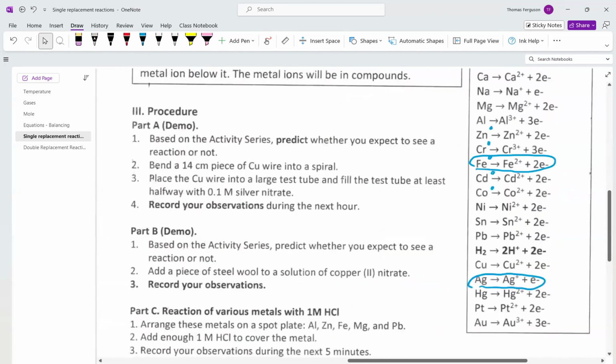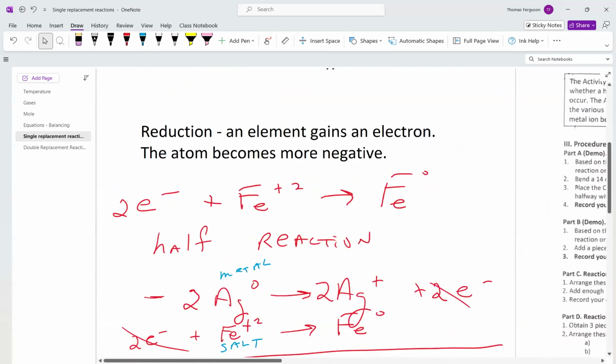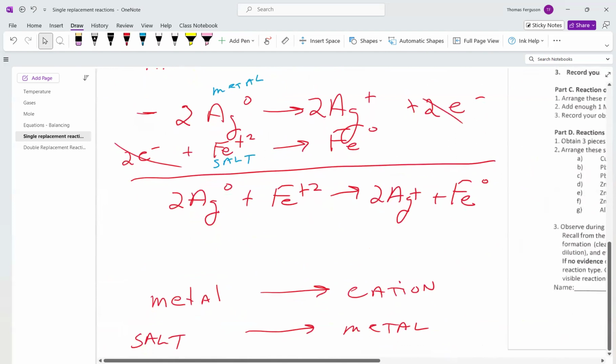So let's look at our reaction over here now. According to that chart, if you find iron on that chart, it's up above the silver. And that chart says that iron wants to become a cation.